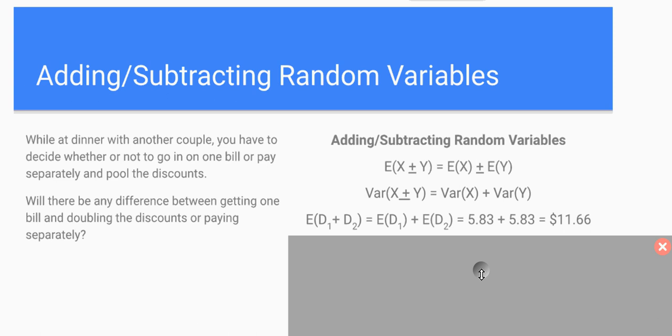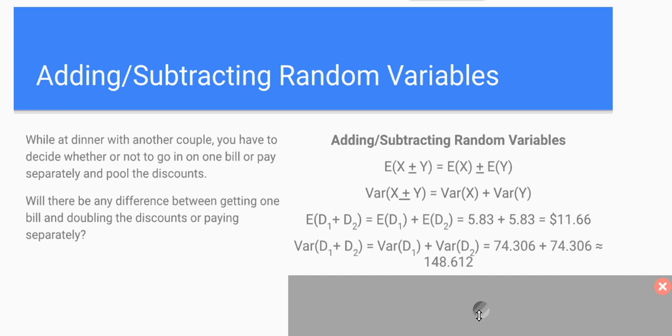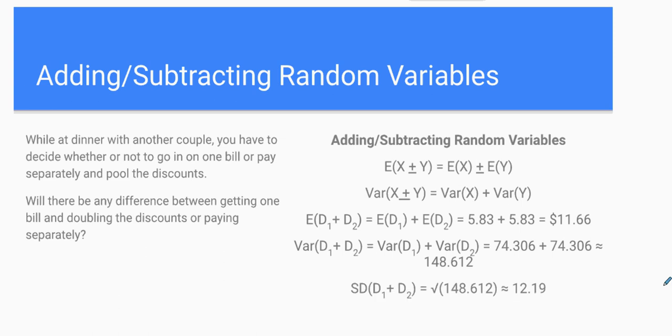But where it differs is this right here. We're going to add those 2 variances together for the original variance and get 148.612, and then find the square root of that for the standard deviation, and we notice that it's smaller.